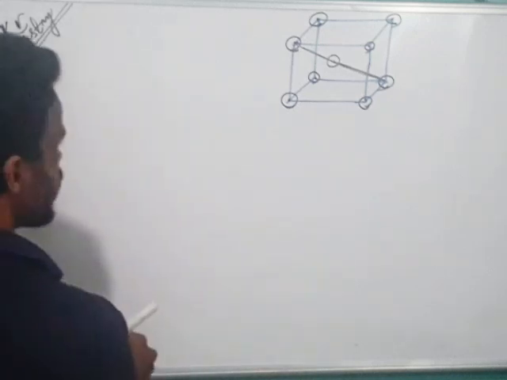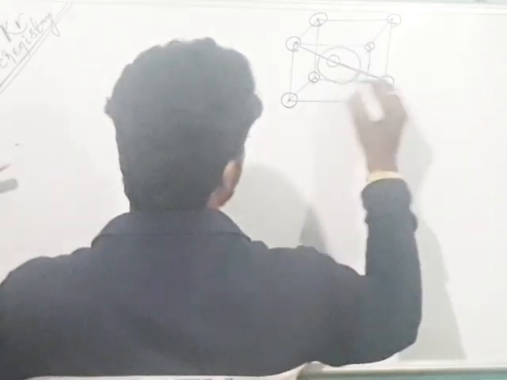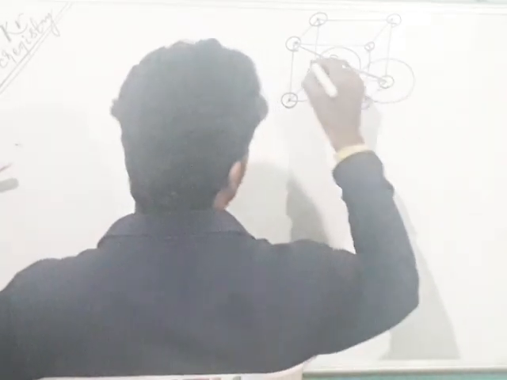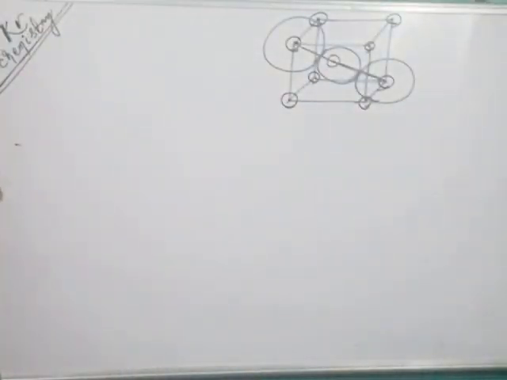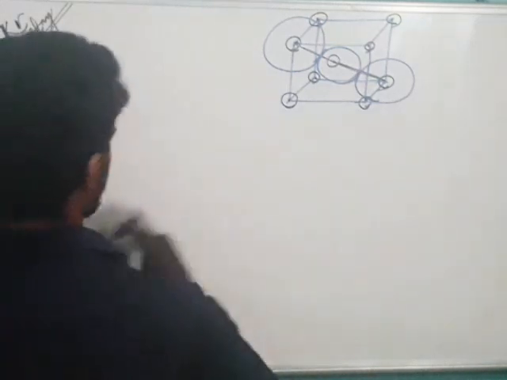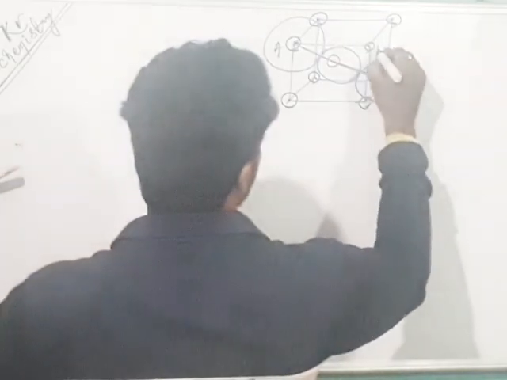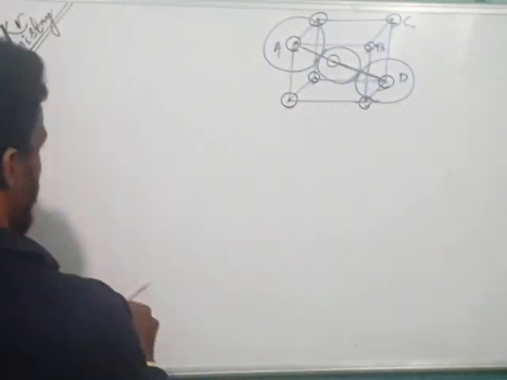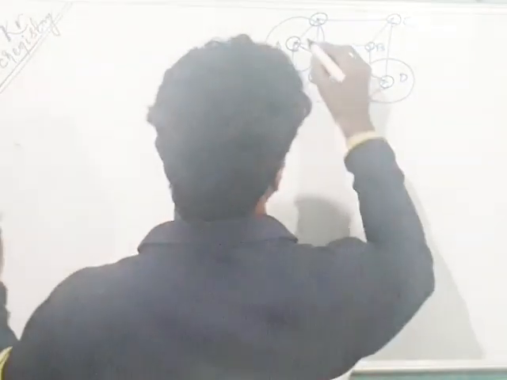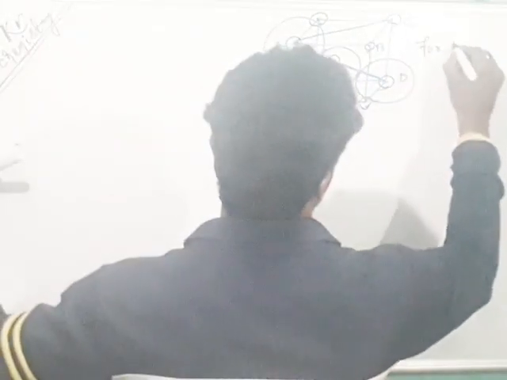Let's name the points A, B, C, D, and connect to this corner also, for the body centered cubic crystal, or BCC.